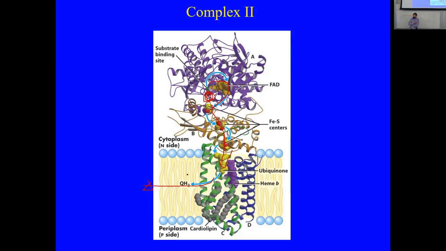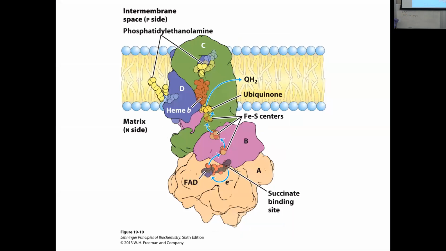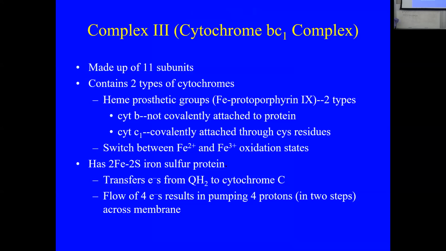It's not that easy to build the heme and then embed it in a particular protein where it is, but nevertheless, it seems to be far enough away from the iron sulfur clusters that it's not clear that it actually receives the electrons. This complex, unlike complex 1, 3, and 4, does not pump protons to the intermembrane space.